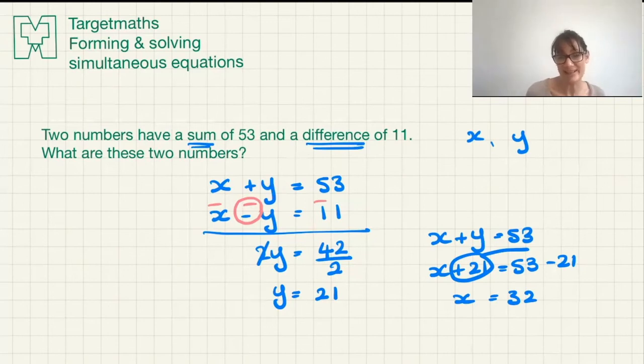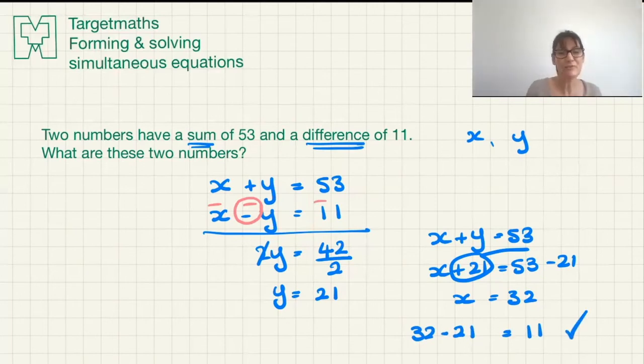It makes sense to do the difference and see if I get 11. Because if I get 11, then I know everything has come out correctly and I wrote the simultaneous equations right and everything just works. So 32 take away 21 is indeed 11. So happy days. We've done the first one.